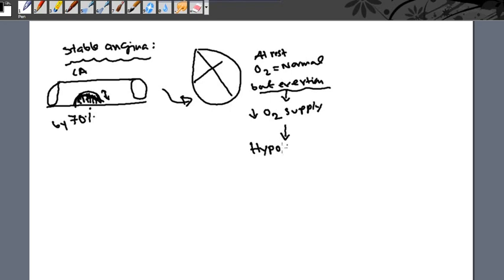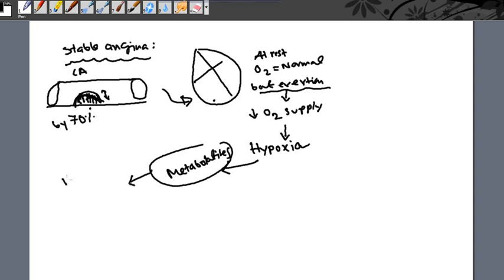When there is inadequate oxygen supply, the cardiac muscle will suffer from hypoxia, and when hypoxia occurs, a lot of metabolites will be produced in the cardiac muscle, and these metabolites will stimulate pain fibers in the myocardium. There are a lot of pain fibers very highly concentrated in the interstitial spaces of the myocardium.